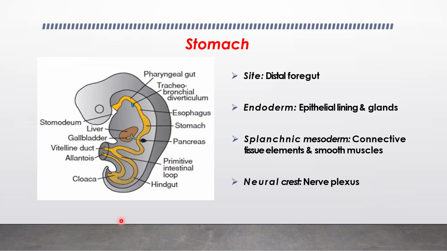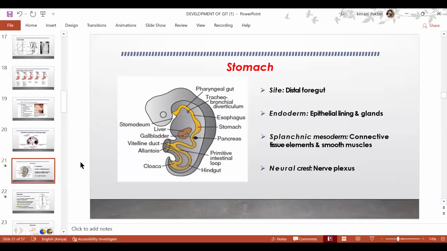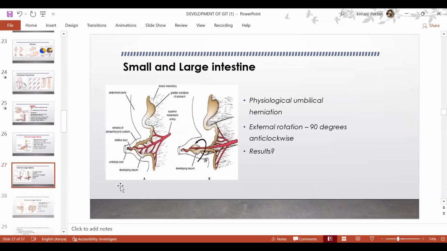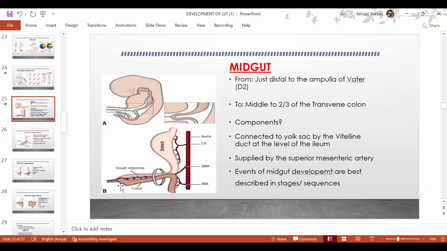Okay, so we can now go to the stomach. Let me just see how far I am in terms of covering the slides, because I know I'm quite behind in terms of time. So I'm on slide 21 out of 57. I'll go up to around slide 35, up to where you have the anomalies of the stomach.